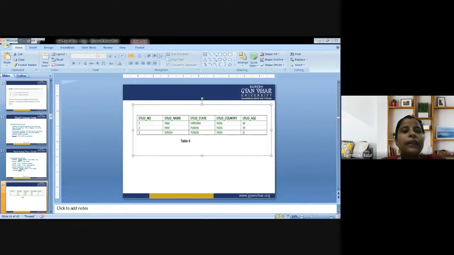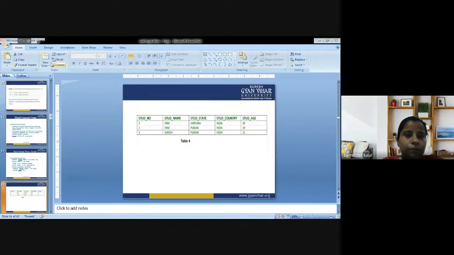There is a second example that will be given here for your reference. If you want to have a look at the same, you can have a look. Just wait, I am giving you the reference of the example.